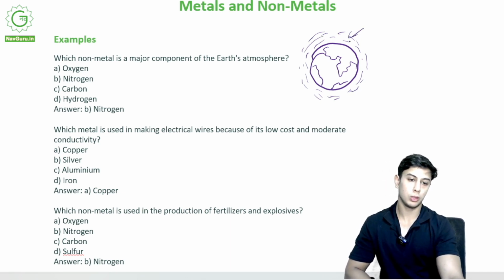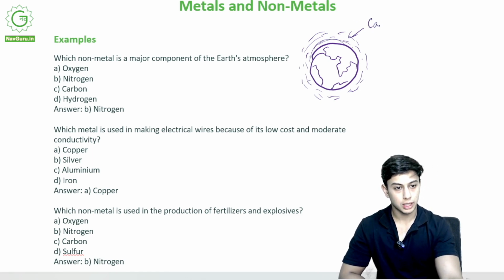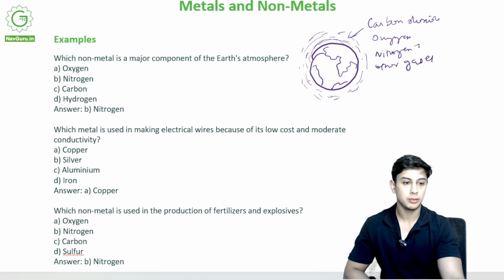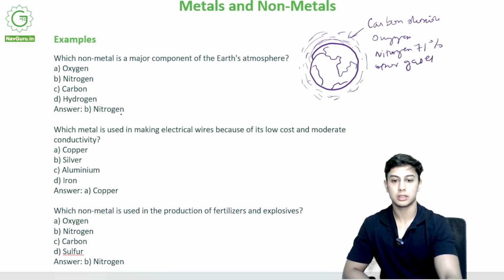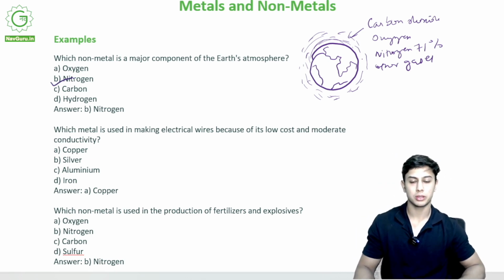This whole atmosphere has what? Carbon dioxide, oxygen, nitrogen, other gases. Which is the maximum? This is nitrogen. More than 71%, to be honest. Nitrogen.